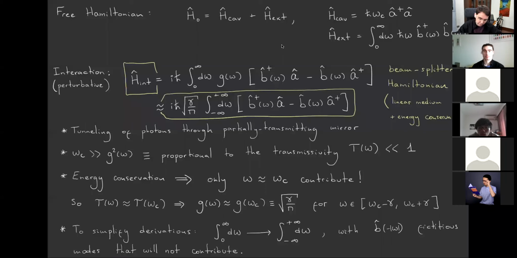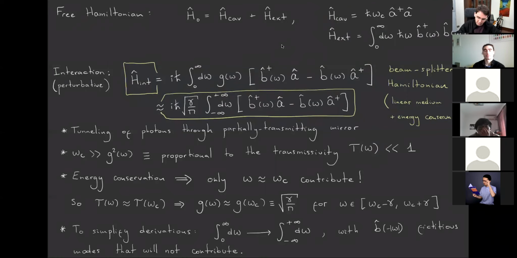On the other hand, energy conservation tells us that we will not be able to tunnel outside the cavity to arbitrary frequencies. As we have seen in previous chapters, by energy conservation we will always be restricted to photons inside the cavity tunneling outside to frequencies nearby the cavity resonance.